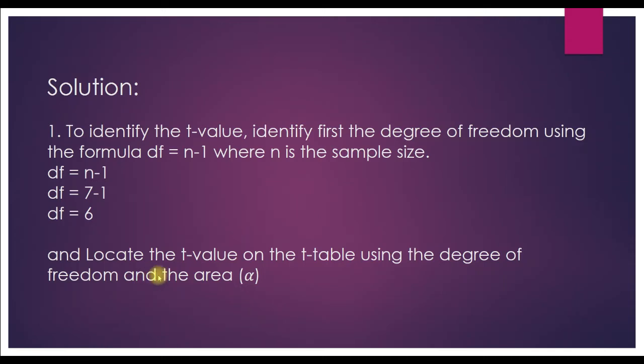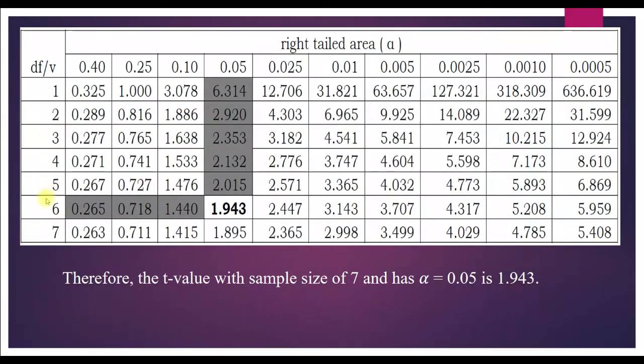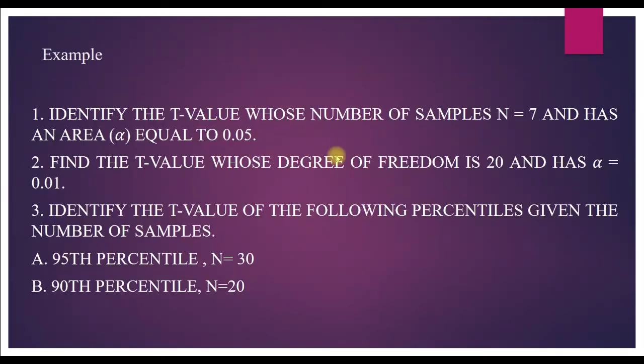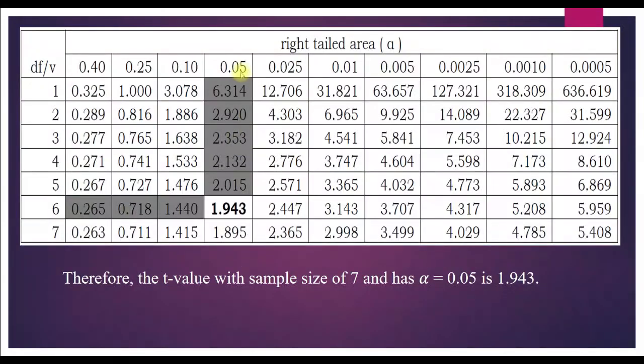And then locate the t-value on the t-table using the degree of freedom and the area. Ito yan. The degree of freedom natin is 6. Hanapin lang natin dito sa ating column na pababa. Here's the 6, and then hanapin yung area naman natin doon. Ang sabi niya is an area of 0.05. Hanapin natin yung area dito sa right-tailed area dito sa upper portion, yung 0.05.